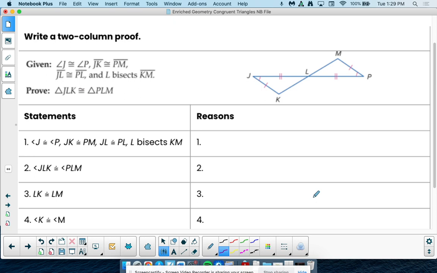Getting stuff, look at your picture. Your pictures will be more important this chapter than they were in last chapter. It'll kind of make sense why they are what they are.